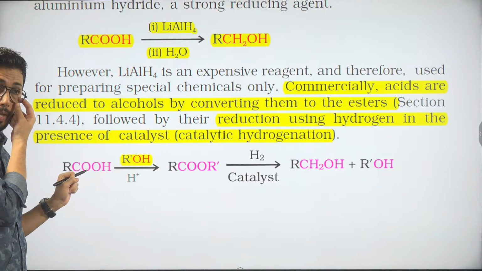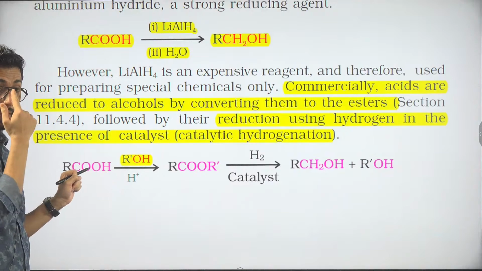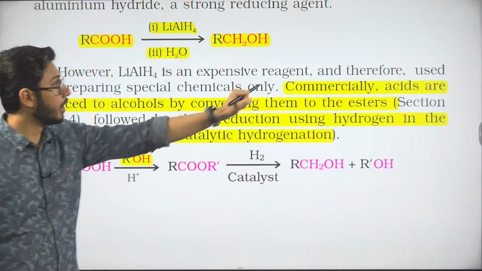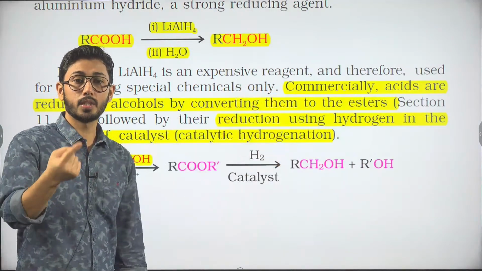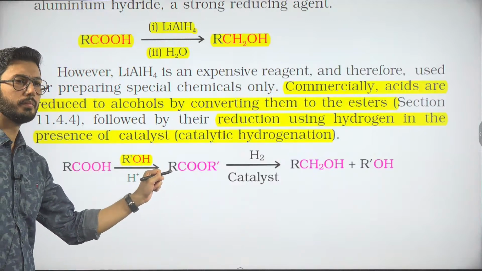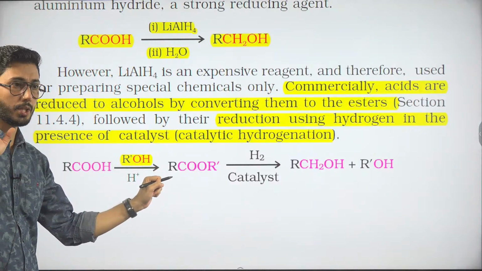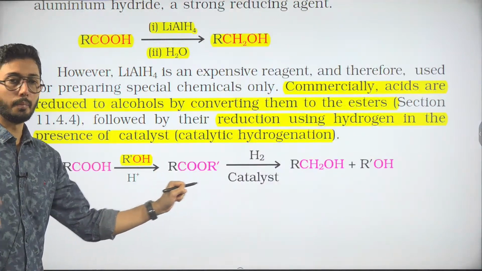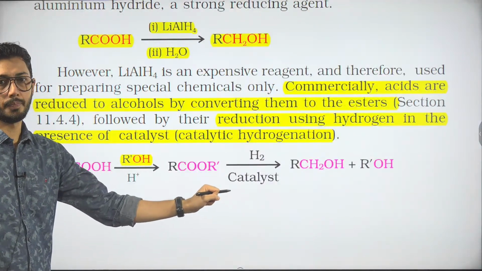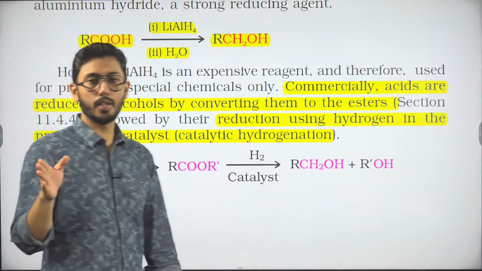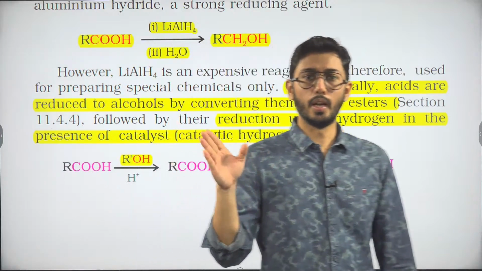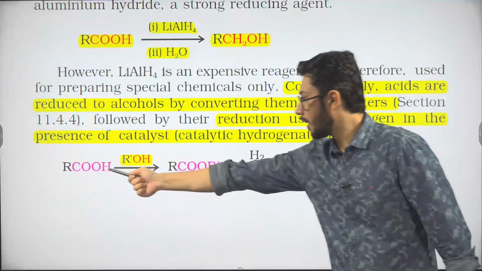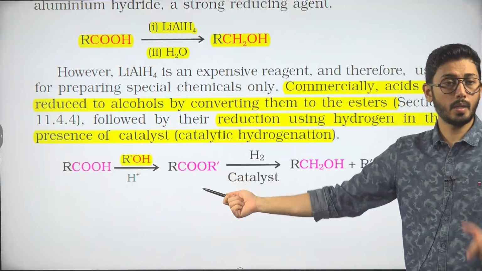The reaction might be difficult for you, but remember this part: commercially, acids are first converted to ester by esterification, and these esters are reduced to alcohol by catalytic reduction. So commercially we do not convert carboxylic acid directly to alcohol.